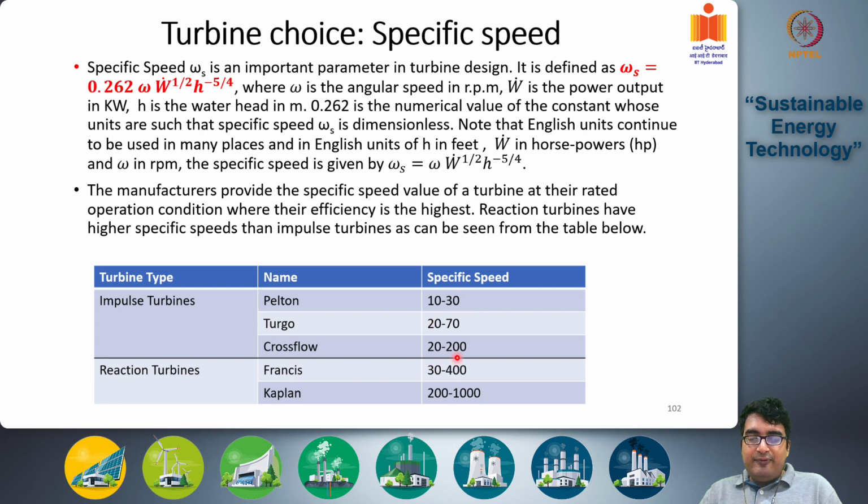Then you can look at the different turbine designs and see at what range it falls. Now there may be cases where it falls into multiple ranges. So suppose you get a specific speed of 100. Then you can use either a cross flow or a Francis turbine and you can choose either of them. So that is still possible.